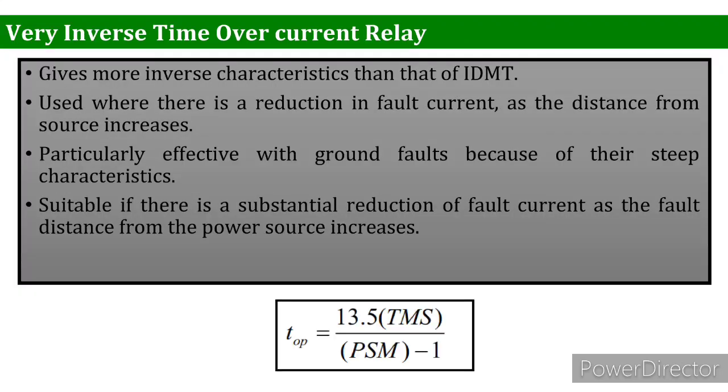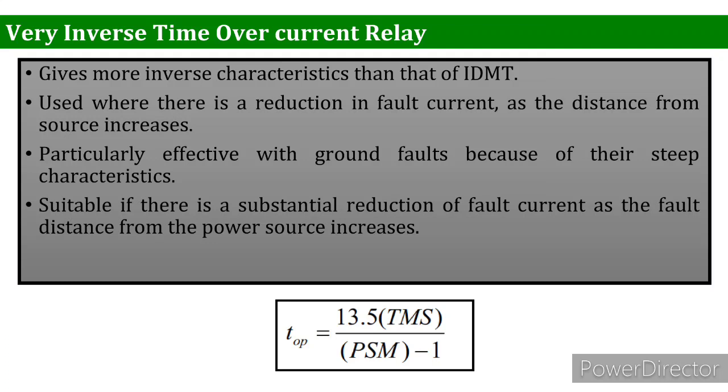Next one is the very inverse time overcurrent relay. It gives a more inverse characteristic than that of IDMT. It is also used where there is a reduction in fault current as the distance from the source increases. Along with that, very inverse overcurrent relays are particularly suitable if the short circuit current drops rapidly with the distance from the substation.